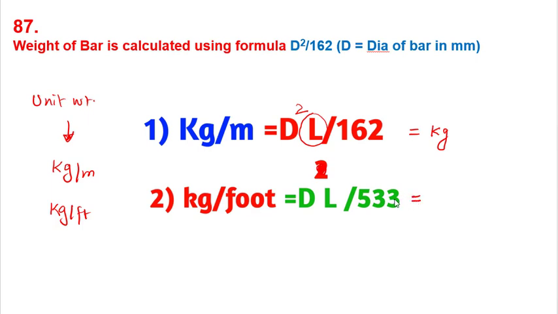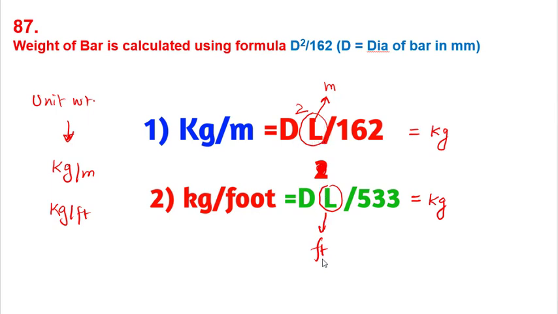Got it? If the length of the steel is in feet, then you need to use this formula, d square multiplied by length of bar divided by 533. You will also get the answer in kg, but the length here is in feet, and in the other formula the length will be in meters, right? So this is the difference. If the length is in meters, you will use this formula.